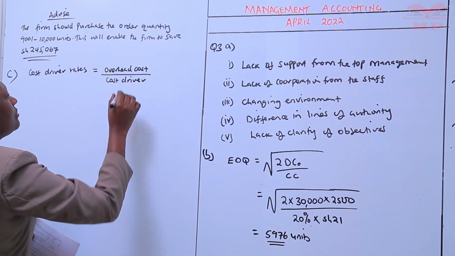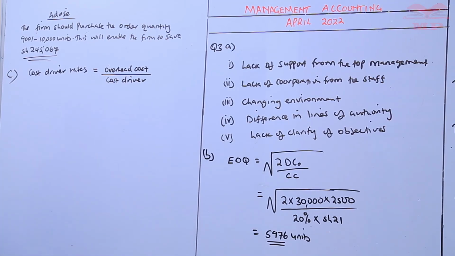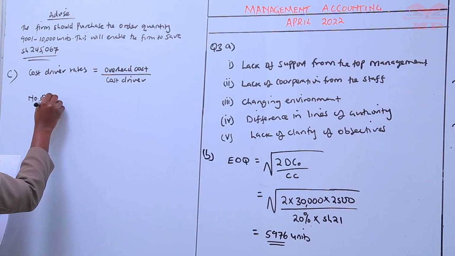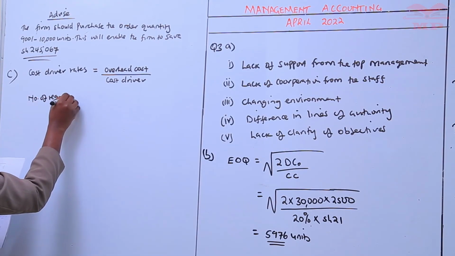So remember, the cost driver is an activity that is causing the cost to be incurred. So we have the cost drivers that have been given. Number 1 is number of purchase requisitions.